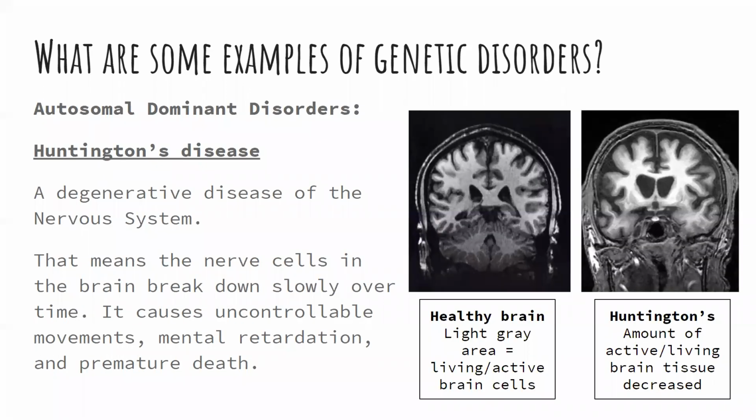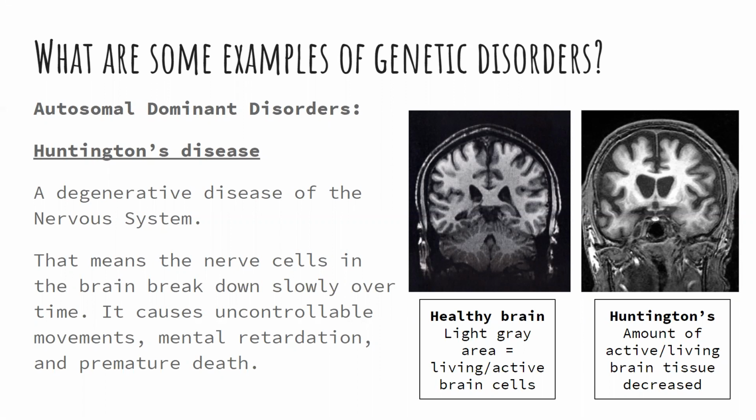All right. So let's talk about some genetic disorders and how they're inherited. Huntington's disease is a common disease that degenerates or breaks down the nervous system. What this means is that the nerve cells in your brain break down slowly over time. So it causes you to move uncontrollably, you lose mental capacity, and you may even die early.